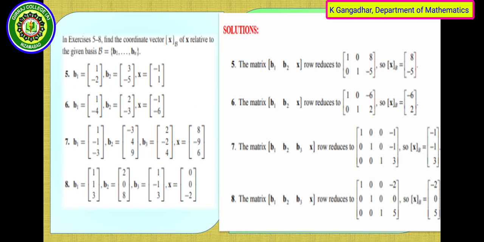That matrix is reduced to upper triangular form by using row operations. Then the obtained matrix is (1, 0, 0, -1), (0, 1, 0, -1), (0, 0, 1, 3). So here the last column elements are the coordinate vector elements, the [x]_B matrix (-1, -1, 3). Same way, the 8th problem.